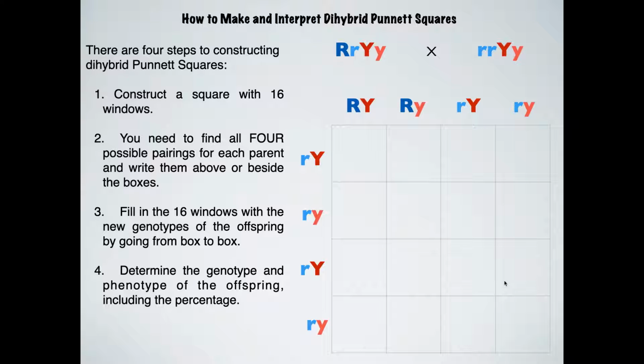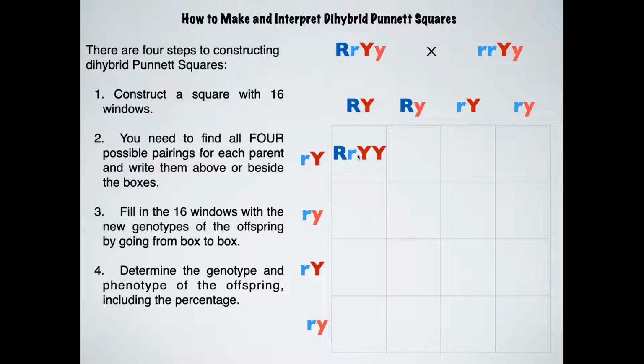Now we pair them up, just like we did previously. But I'm going to tell you a little trick that might make things easier for you in the long run. Remember, we always want to pair up the letters that are the same. So instead of writing capital R, capital Y, lowercase r, capital Y, we want to pair them up so that they're together.